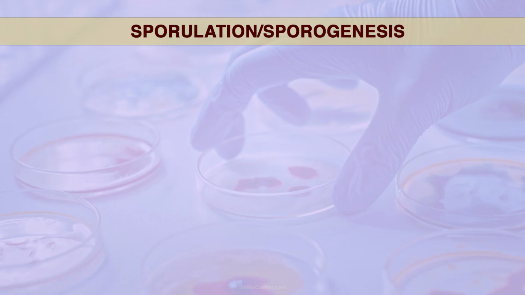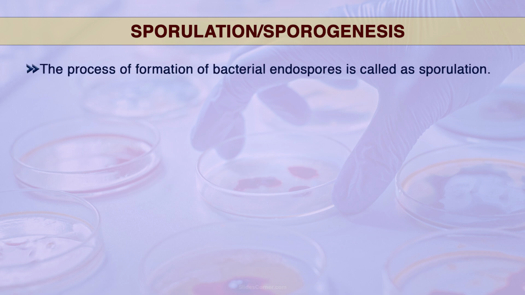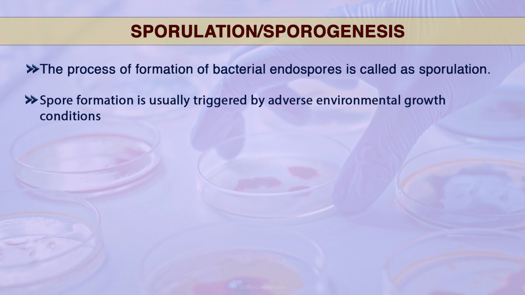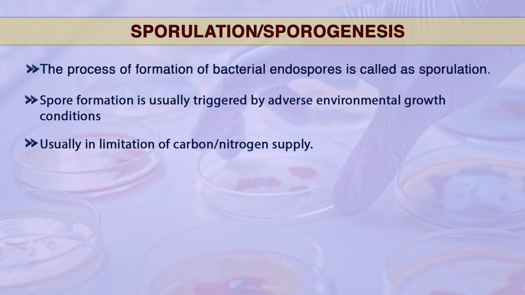Sporulation is also called sporogenesis. The process of formation of bacterial endospores is called sporulation. Spore formation is usually triggered by adverse environmental growth conditions, usually limitation of carbon and nitrogen supply.